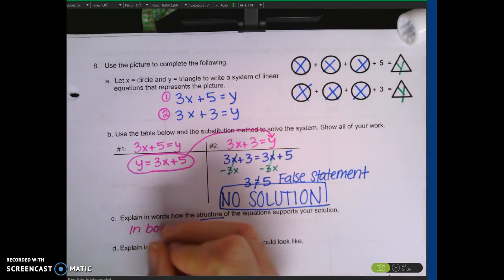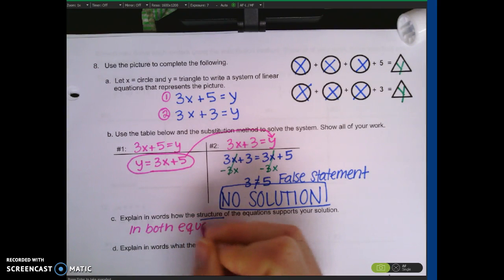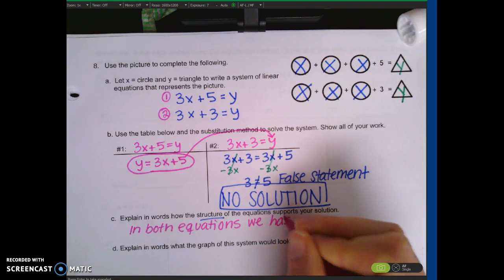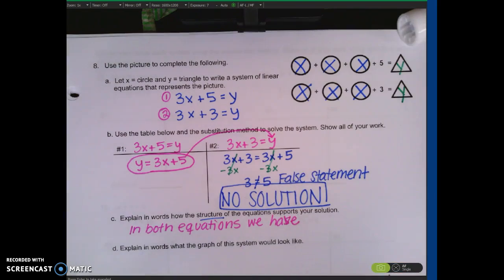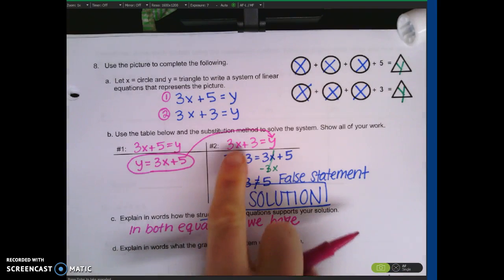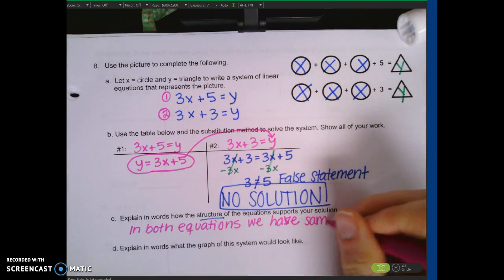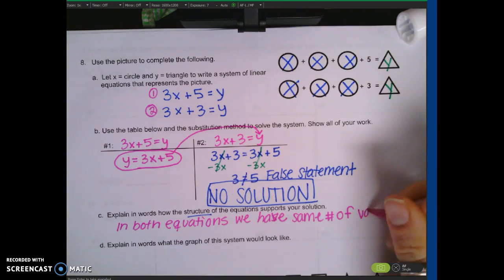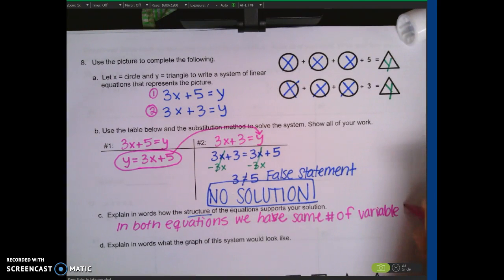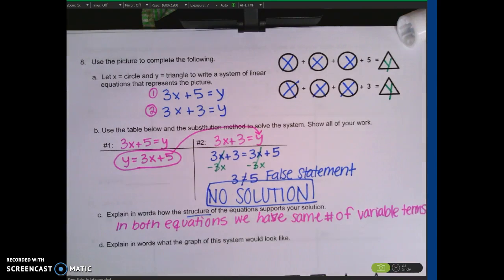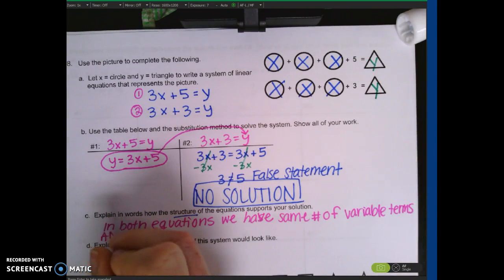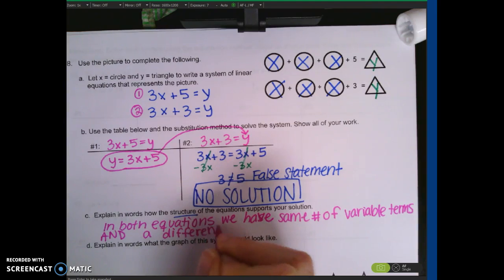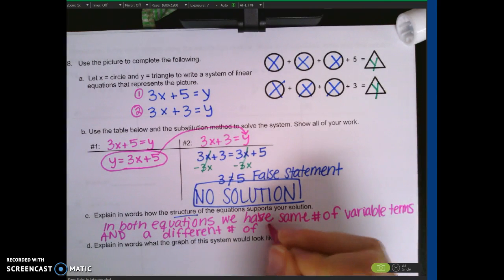In both equations, what do we have? We have the same number of variable terms, and a different number of constant terms.